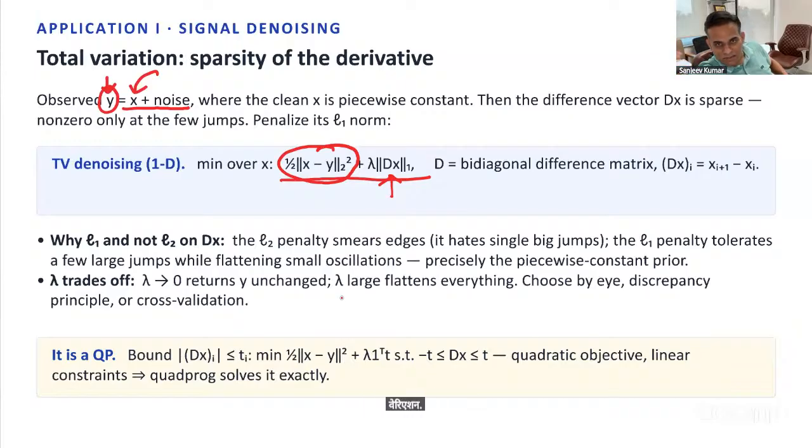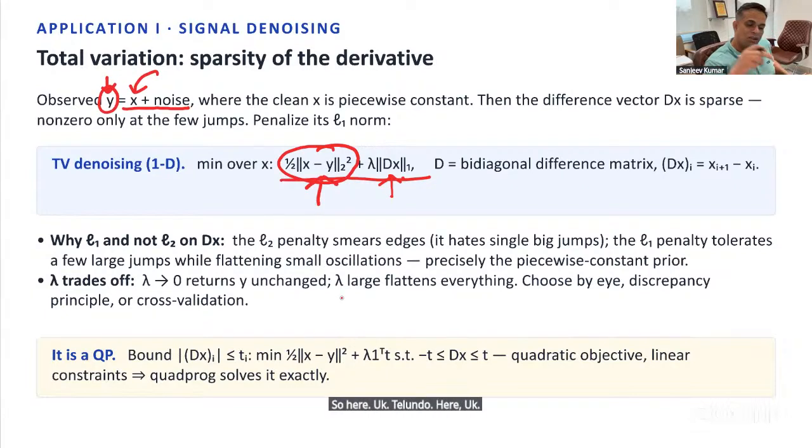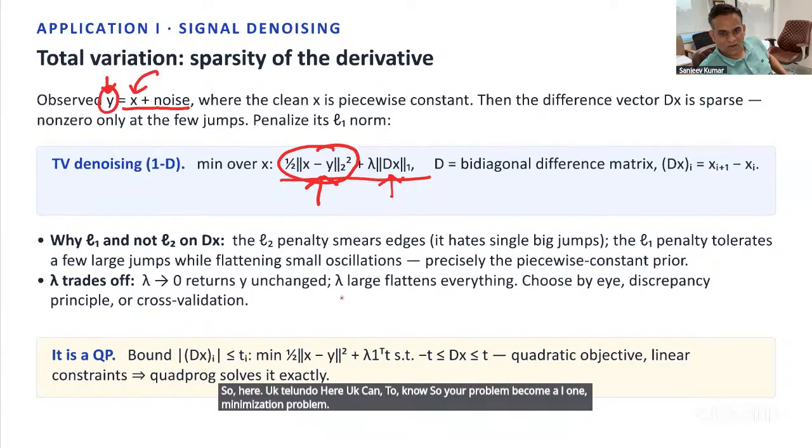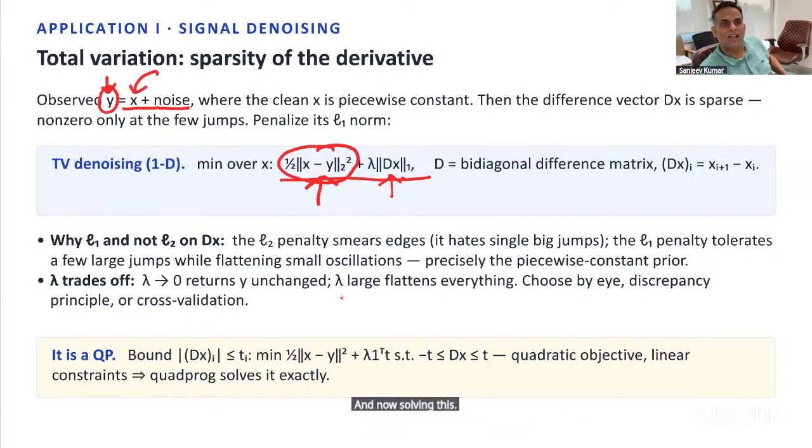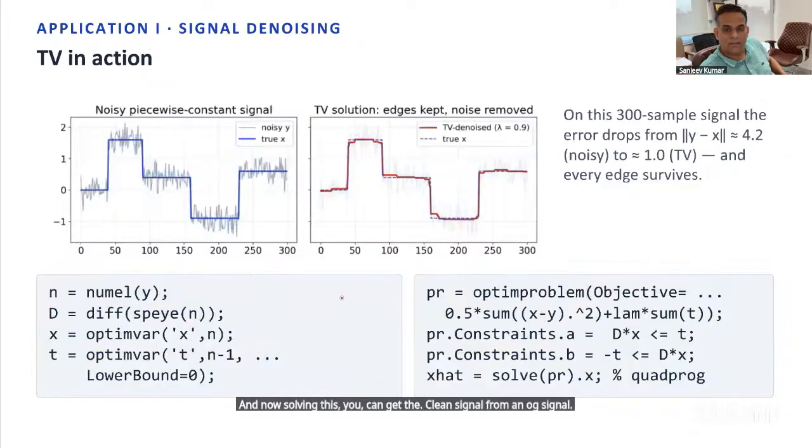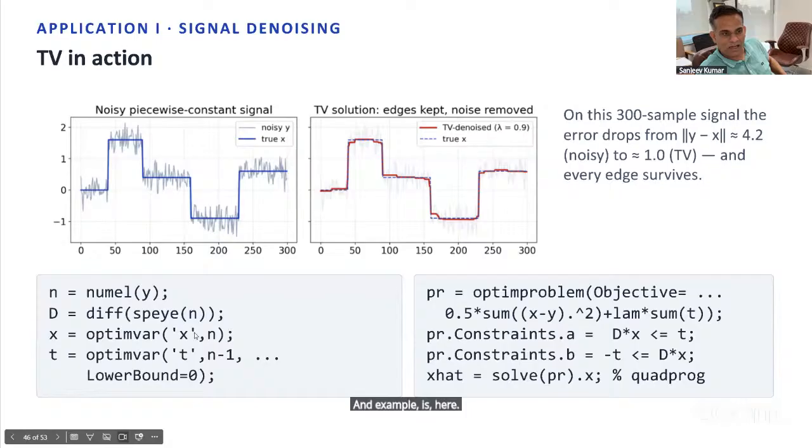So you just minimize the variation of x also. Okay. So here you take the L1 norm, here you take the L2 norm. So your problem becomes an L1 minimization problem. And now solving this, you can get the clean signal from a noisy signal. An example is here, code is here. You can try this code.